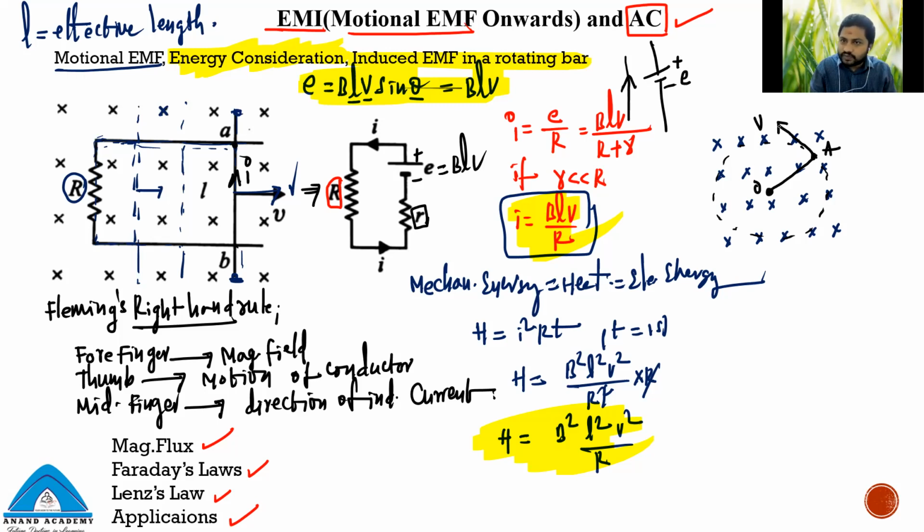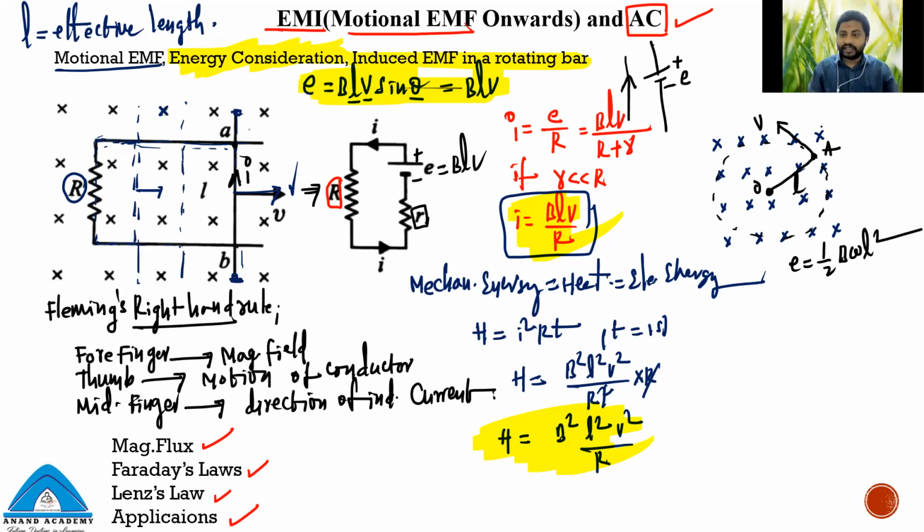Now, this is moving with the velocity V in the magnetic field, and this is the rod of length L. Induced EMF between O and A is half B omega L square. Omega is the angular velocity of the rod.